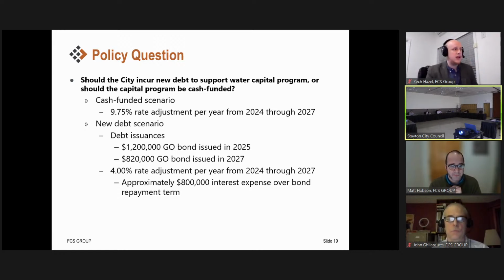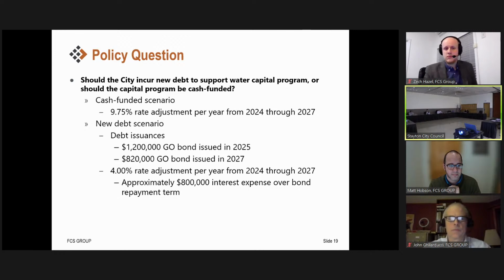For me, I very much prefer the second option in terms of debt issuances. I think it makes sense from multiple levels because it's spreading out who's actually using these capital projects. The people that will be benefiting from these capital improvements will actually be paying for them later, as opposed to everything being fully fronted.